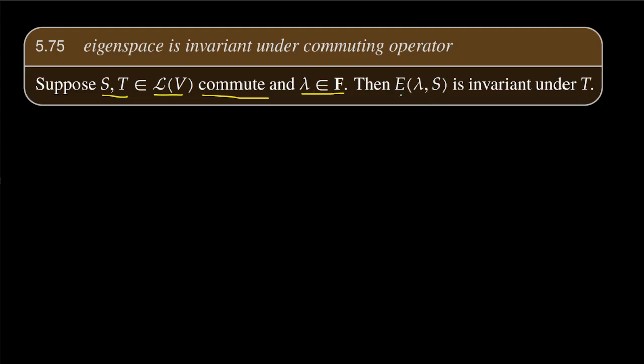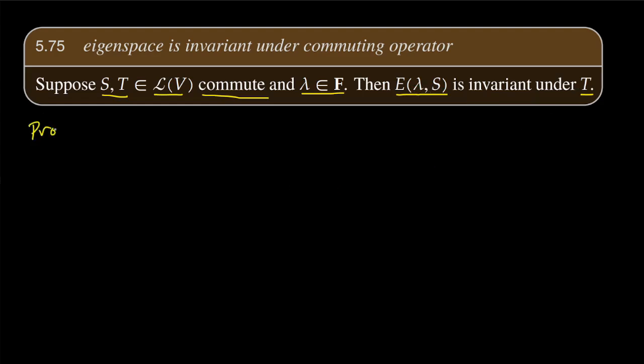What we're going to claim is that the eigenspace associated to lambda of S is invariant under T. Correspondingly, since we should be able to just swap out a pair of commuting operators, we'll be able to say that the eigenspace of lambda with respect to T is invariant under S as well.